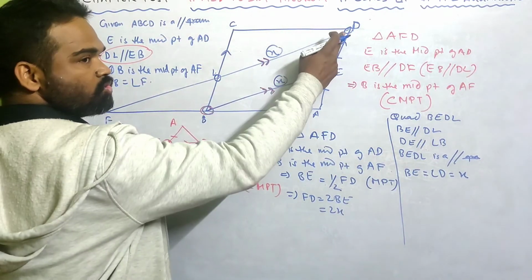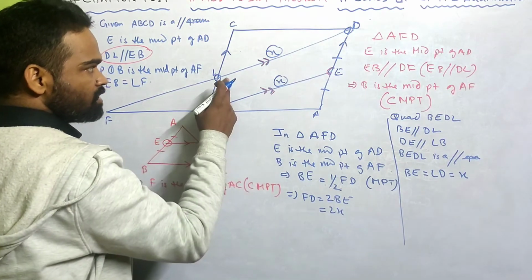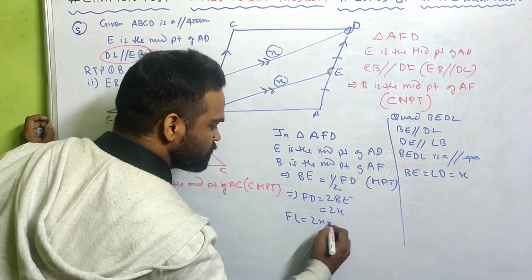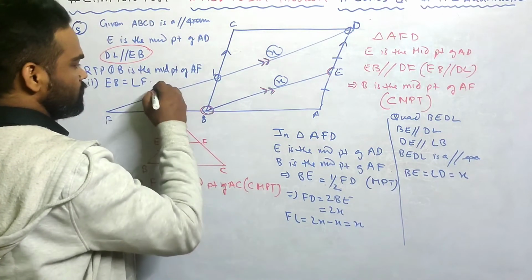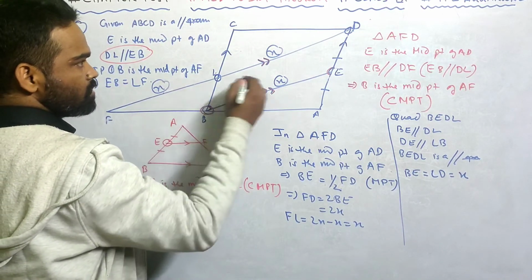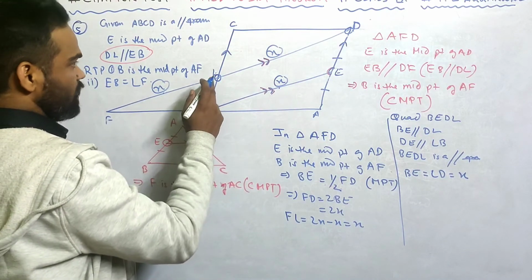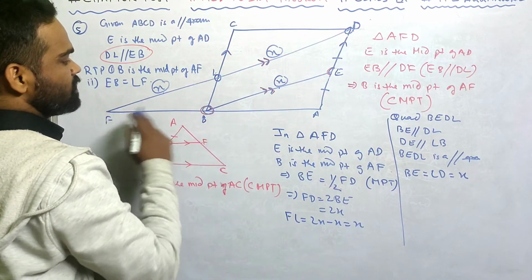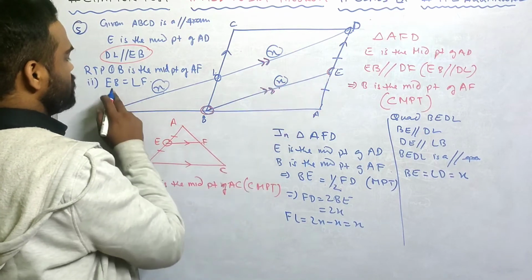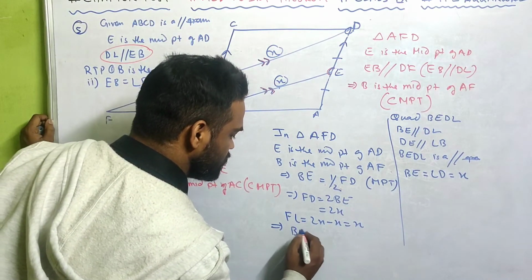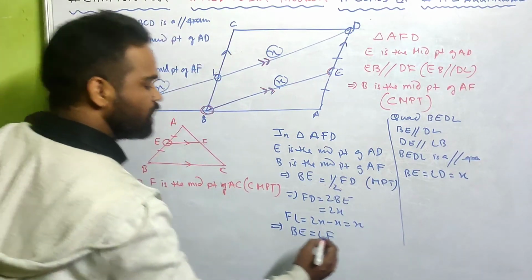So FD is 2x, DL is x. So what is FL? FL is 2x minus x, that is x only. FL is x and BE is also x. So BE equals LF. Both are equal to x.